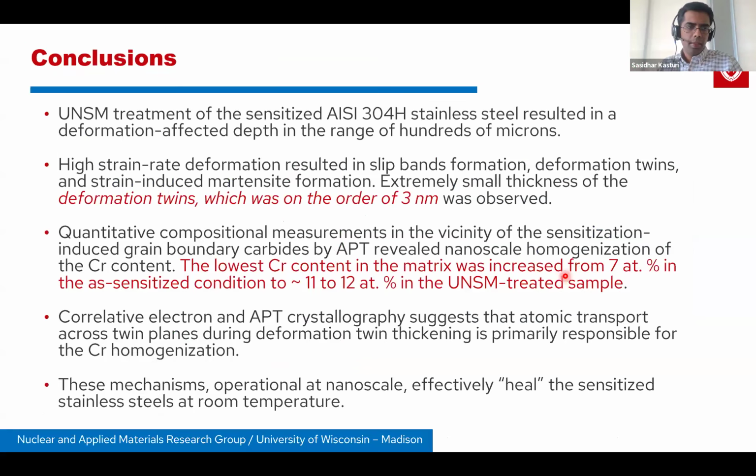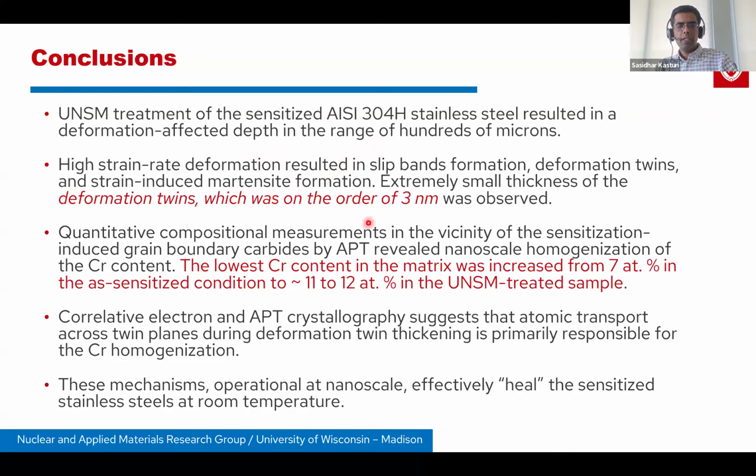I'll end with a set of conclusions here. Basically, the UNSM treatment is a surface peening technology that can induce deformation-induced effects up to a range of hundreds of microns in the material.